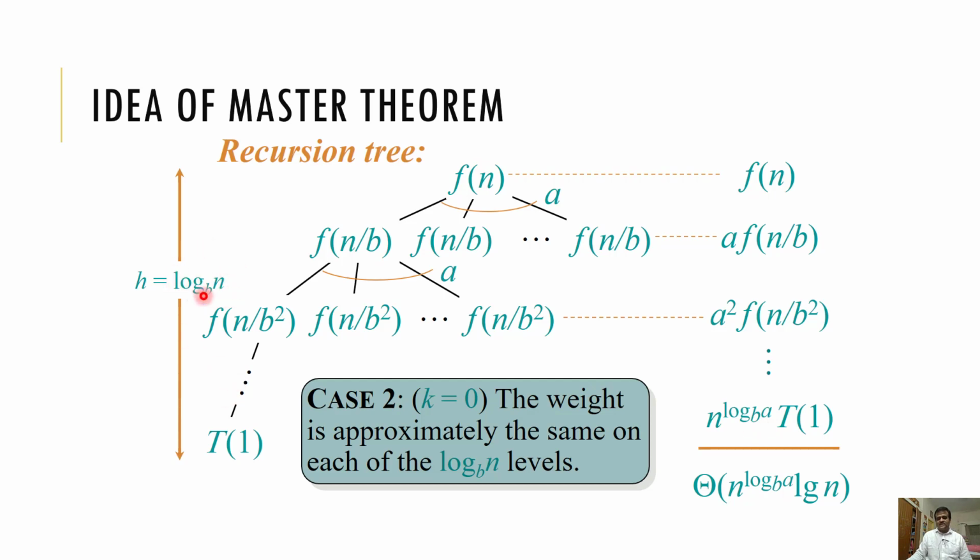We can change the base to 2, because log n base b is equal to log n base 2 times log 2 base b, and this log 2 base b is treated as a constant. So it can be shown to be big theta of this.